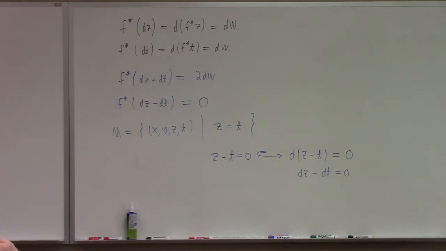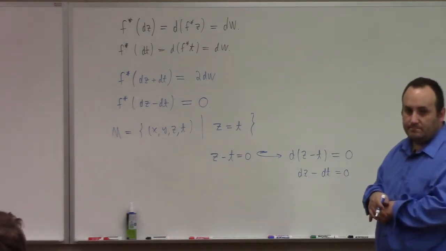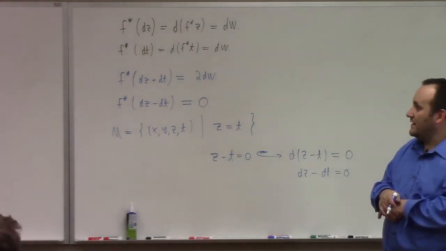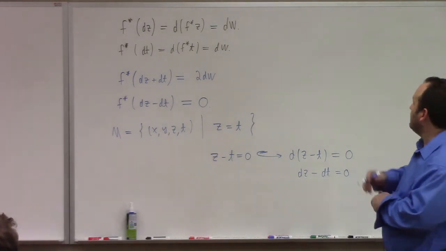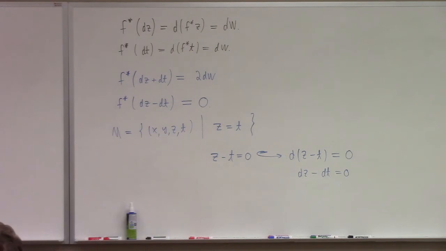I don't think you can find a relation between the x and y differentials restricted to M. I think if you look at dx and dy restricted to M, well, look at here. Maybe this shows you exactly what to think about. If we think about x and y restricted to M and we pull it back, we get this, right? So this says to me that x and y are going to be independent unless what?